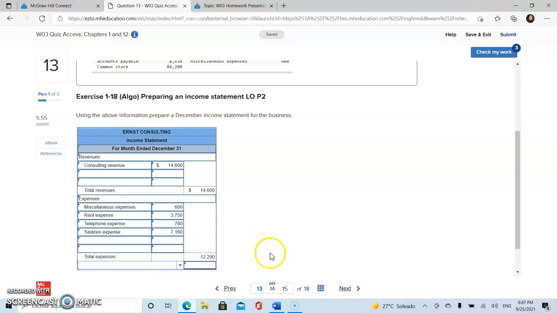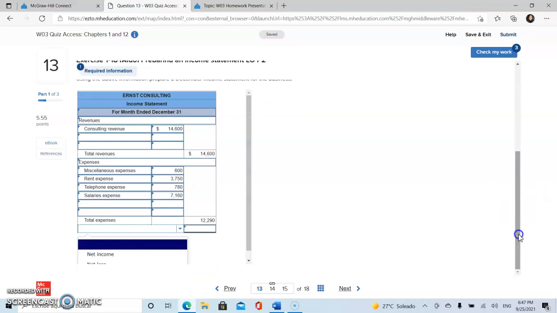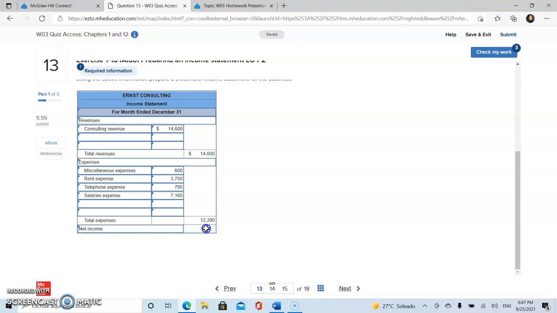So now we are going to subtract our expenses from our revenues. As we can see, our revenues are greater than our expenses. Therefore, we obtain net income. So this is going to be problem 13. This amount right here, we're going to need it for our next problem.